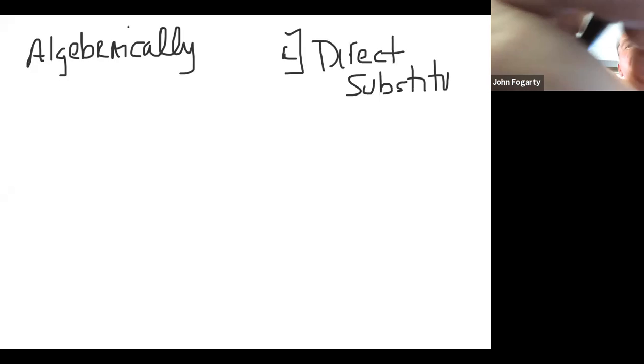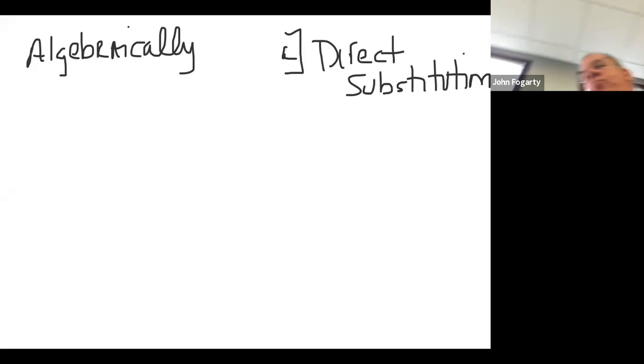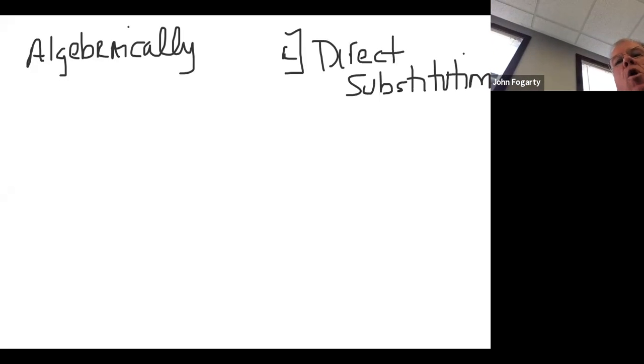The reason you do that is so that you don't have to do a whole pile of work. Sometimes when you do the direct substitution, you actually get the limit. Sometimes you don't, but you always do the direct substitution first because you want to make sure, do I have a limit here?